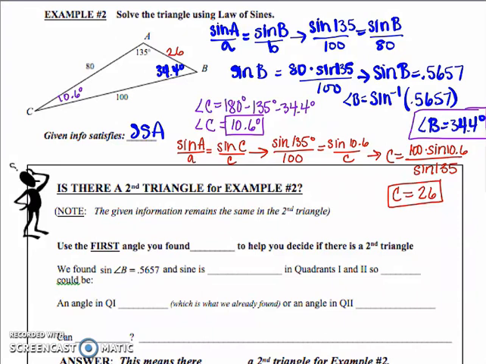However, now I need to stop because this triangle was a side-side-angle triangle. It is possible that there could be a second triangle. I know for sure there's one because I just found it, but I have to figure out if there's a possible second triangle. And the way that I do that is I go back to the first angle that I found.